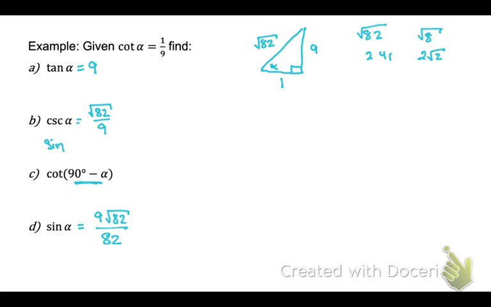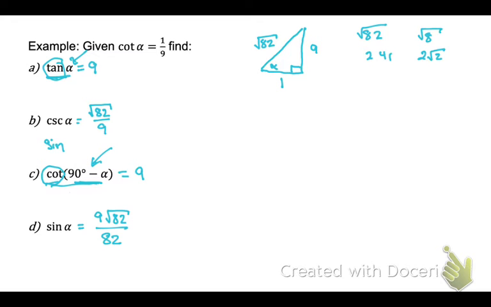Cotangent and tangent are cofunctions. Do we already have the tangent of alpha? So what is the cotangent of its complement? 9, because tangent and cotangent are cofunctions, and alpha and 90 minus alpha are complements of each other. Their values are going to be the same.